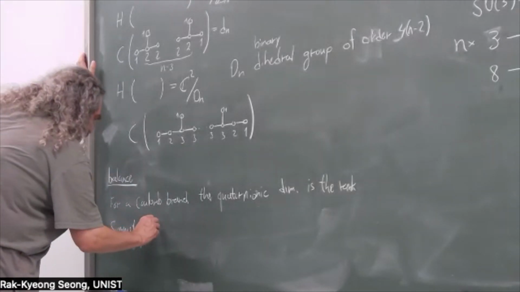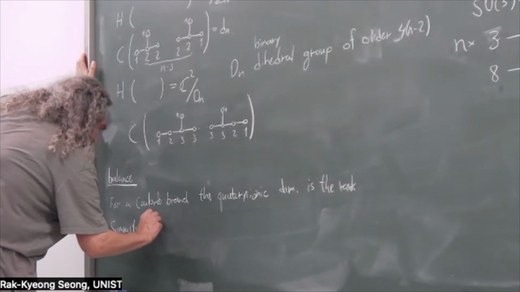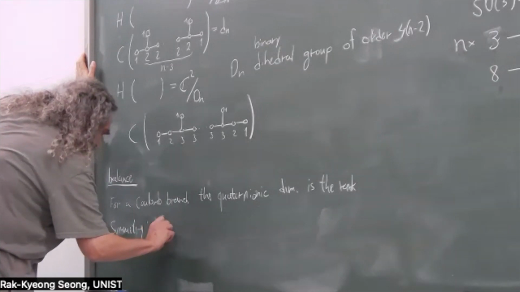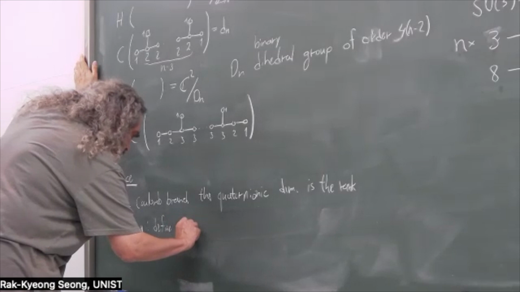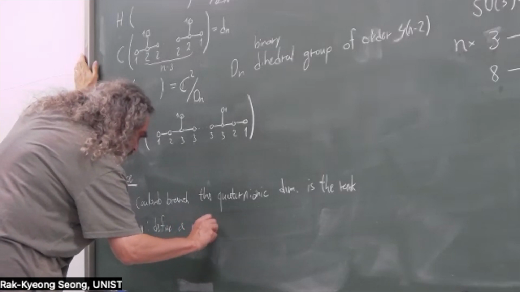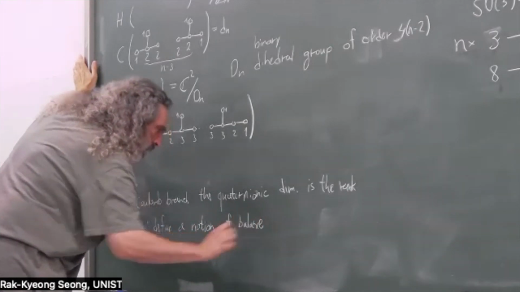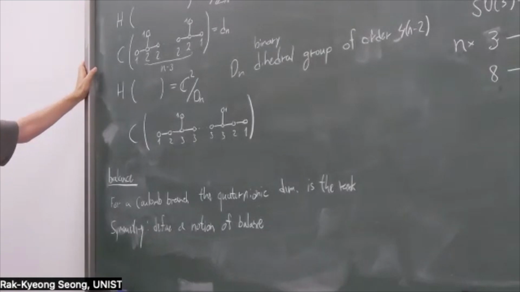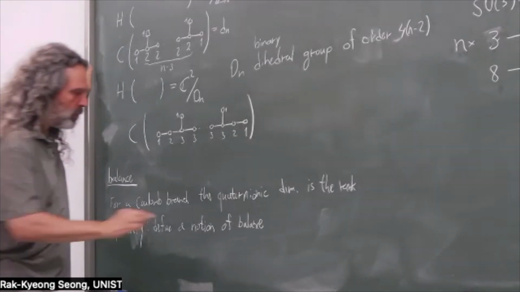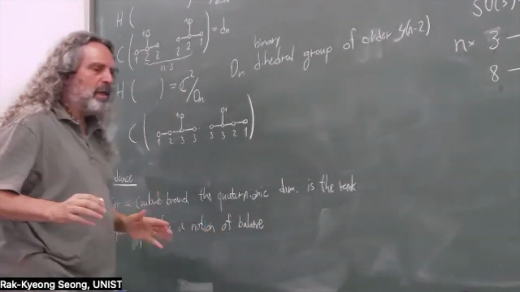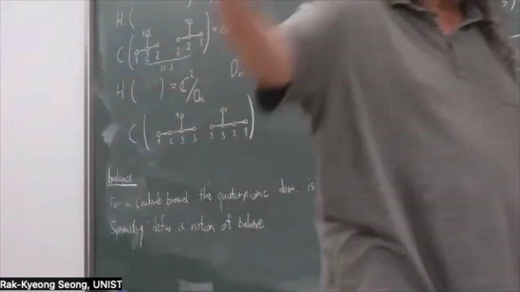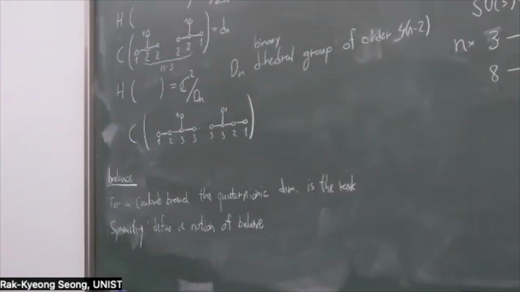We define a notion of balance. This notion is a very natural notion if you think of brane systems which are used to construct those gauge theories. So it's really a balance in a notion of having some branes from here, some branes from here. If there are more from here, then it's imbalanced, and if they are equal, then it's fine.